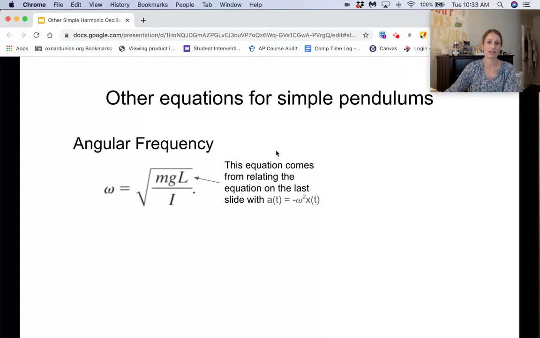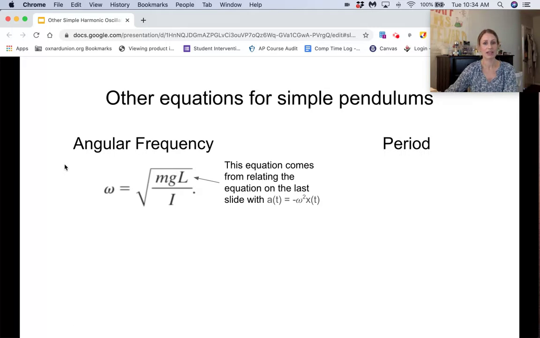So again, this equation comes from relating the equation on the last slide with acceleration is equal to this negative omega squared times our position away from equilibrium. So this right here, omega squared, was that mgL over I, and then taking the square root, we get our angular frequency or angular velocity.